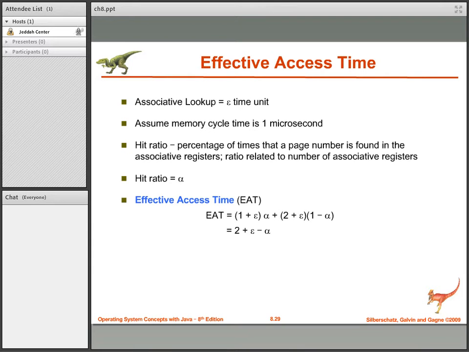Then we have the hit ratio, which is defined as the percentage of times that a page number is found in the associative registers. So if out of 100 times you find the page number in the associative registers in 80 of these 100 times, then you get that the hit ratio is equal to 80%.